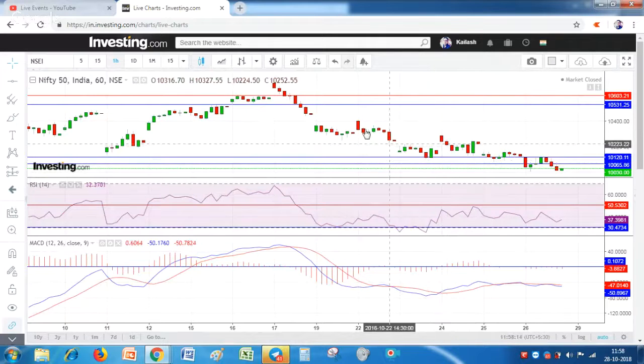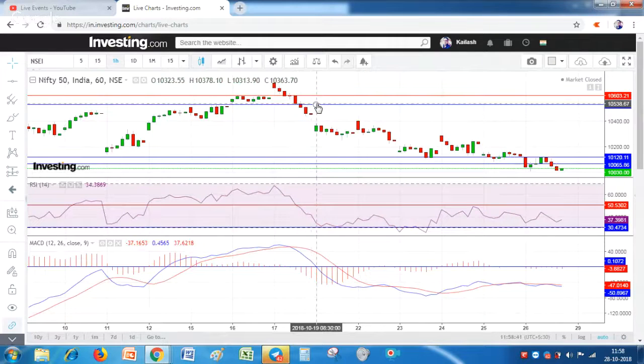Let me check on which day we took the short entry. It is 1:30 on the 17th of October that RSI and MACD gave us a sell signal for Nifty, and we would have shorted somewhere around 10,530.